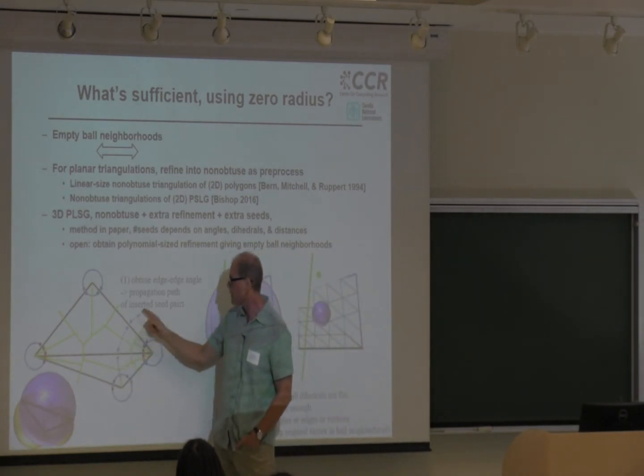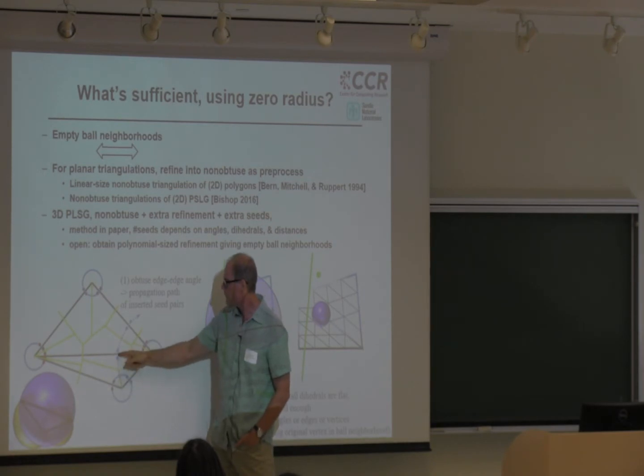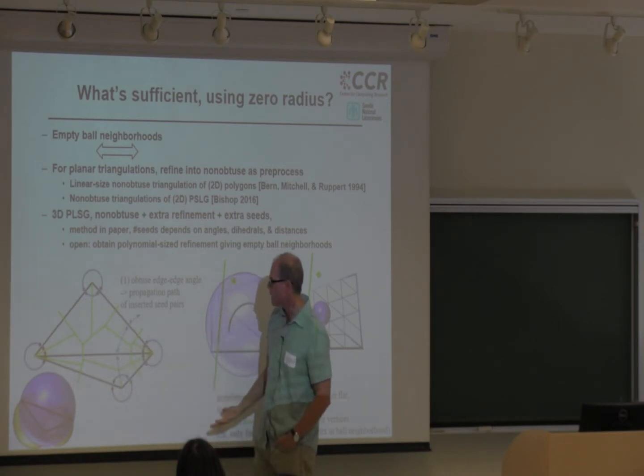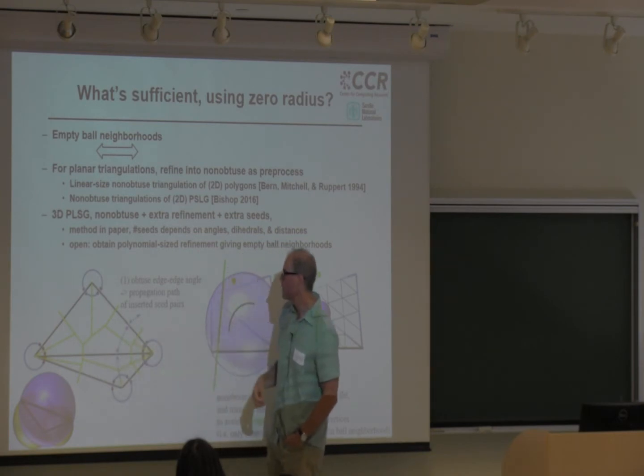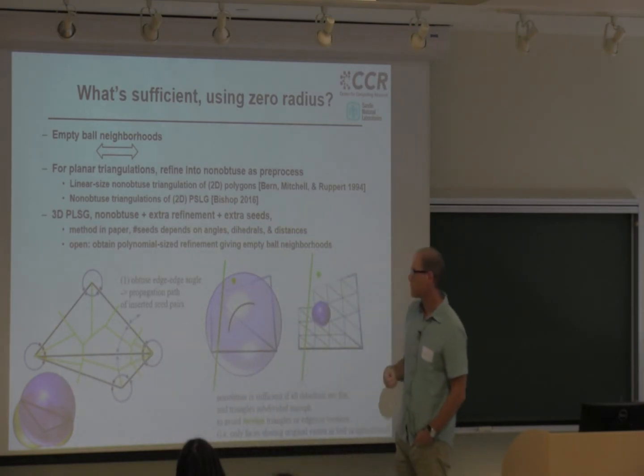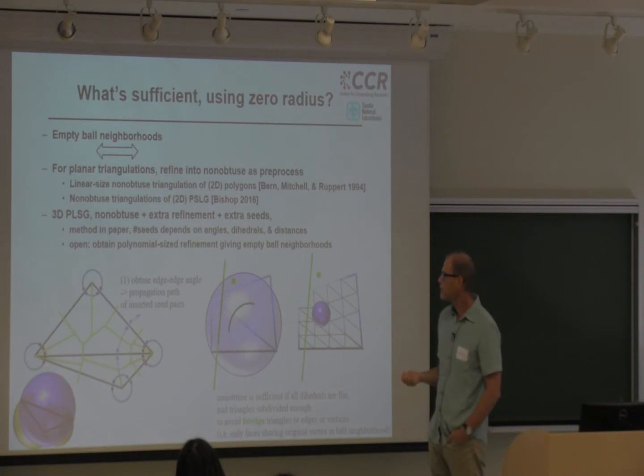All right, and actually you don't quite need nonobtuse. You can propagate the nonobtuse refinement. You would split both of these triangles into 2 triangles by introducing a vertex somewhere here. We don't actually have to introduce a vertex. We can just introduce a pair of seeds, but you can more or less think about it as first you generate a nonobtuse triangulation.